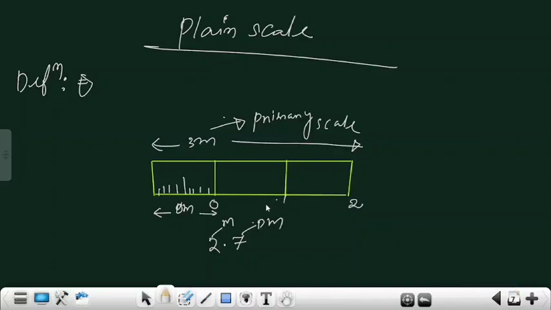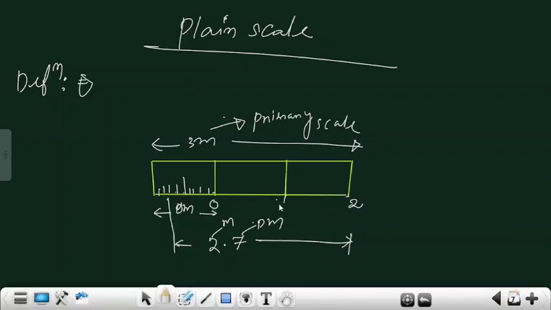We have to measure from here: this is 1 meter, this is 1 meter, this is 2 meter, this portion to this portion 2 meter, and for 2.7, this is 0, 5, 6, 7. This to this is 7.